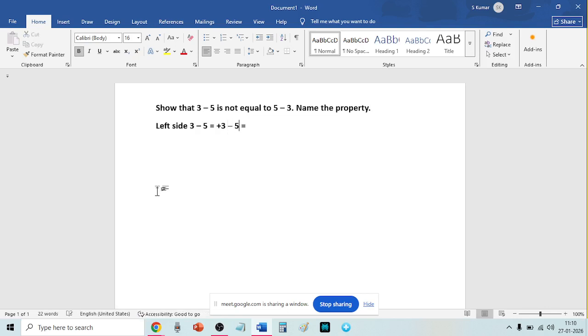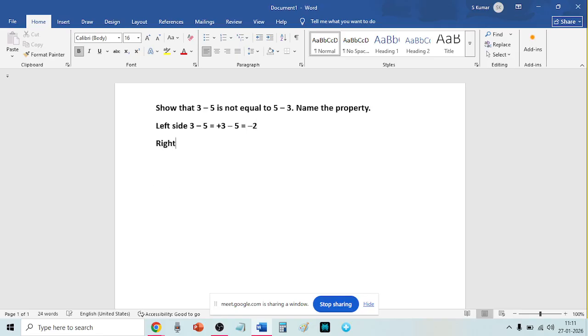They are opposite signs. One is plus, one is minus. The difference is 2. Which is greater, minus or plus? Minus is greater. So it is minus 2.